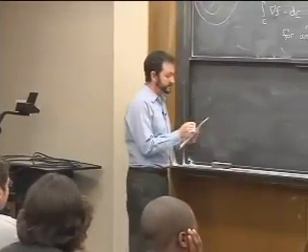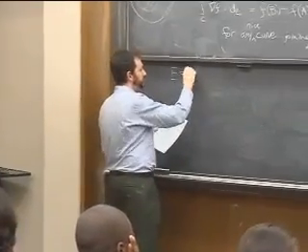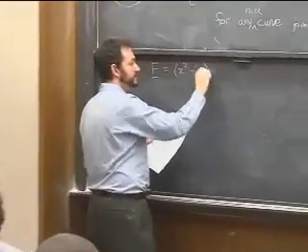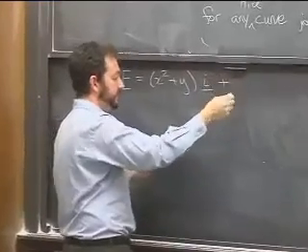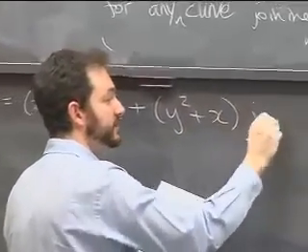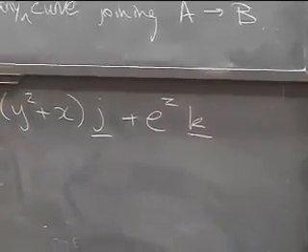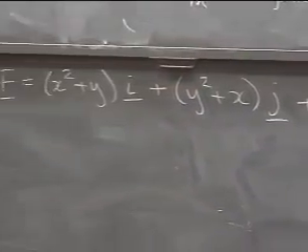But suppose I give you this simple question here. Let F be equal to (x squared plus y) i plus (y squared plus x) j plus e to the z k. So the question is, I'll give it to you that this is conservative.